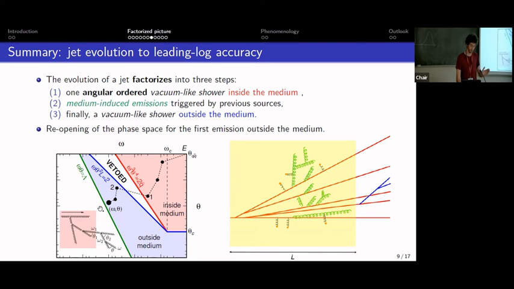Instead of having just this kT cutoff, we have this more involved red and blue line here. And all these partons then trigger a bunch of medium-induced emissions, which are also iterated, but according to another evolution variable.